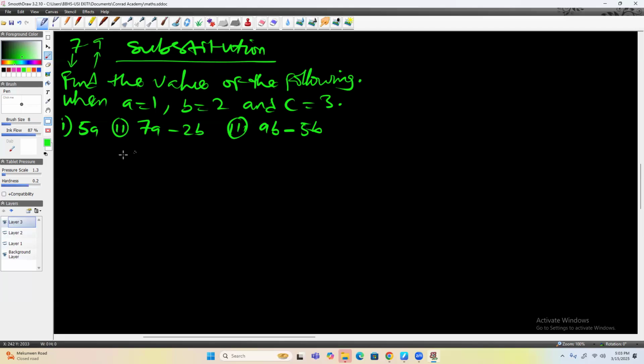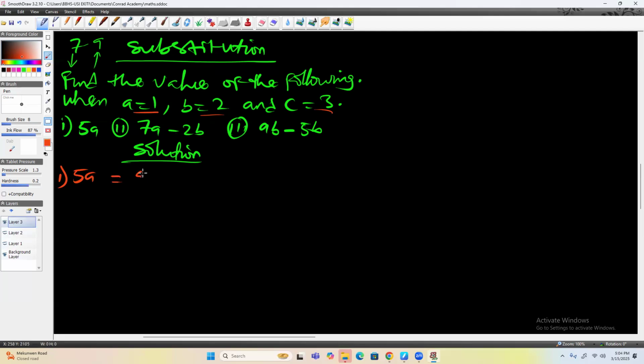Okay, so what am I to do? Very easy. The first thing you have to understand in substitution, let's start with 5a. Since you're given that a is 1, anywhere you see a, you replace it with 1. Anywhere you see b, you replace it with 2. Anywhere you see c, you replace it with 3.